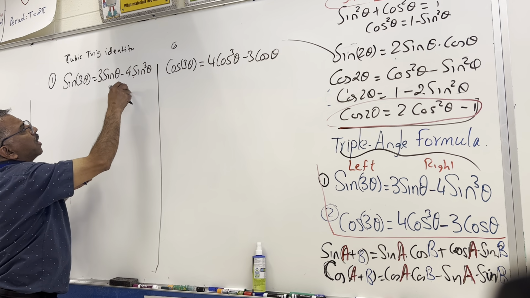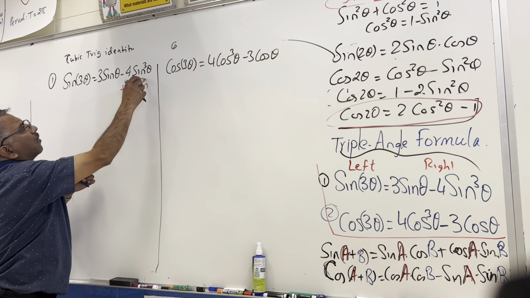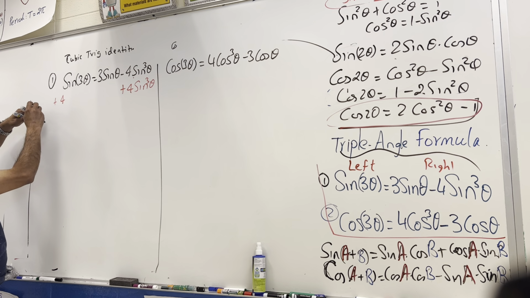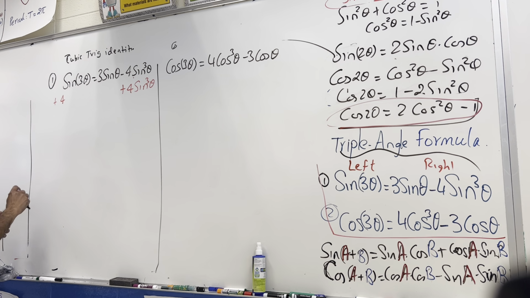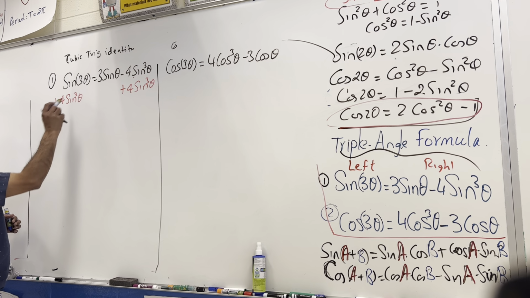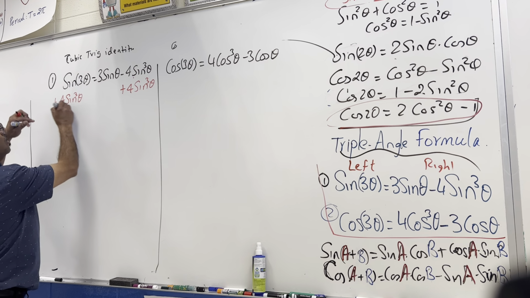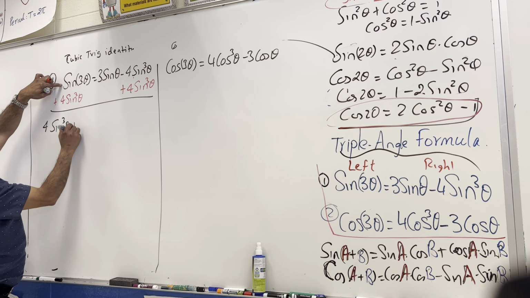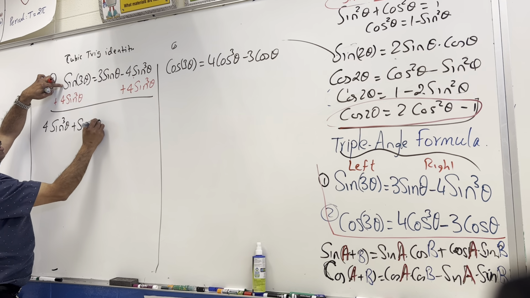If you want to do that, add this sine cube theta to both sides. So that will be 4 sine cube theta. This will remain sine of 3 theta.